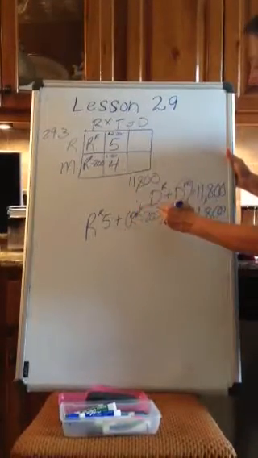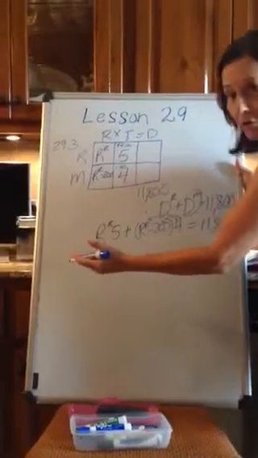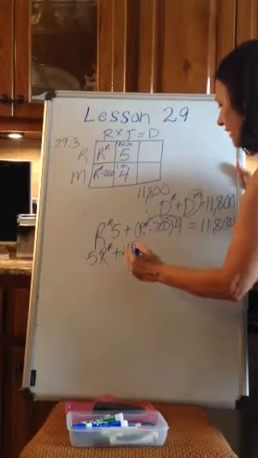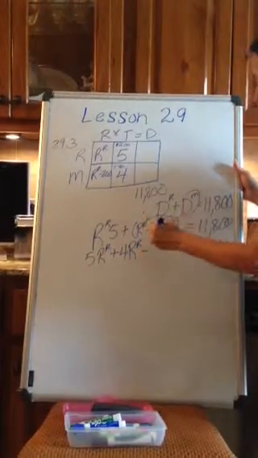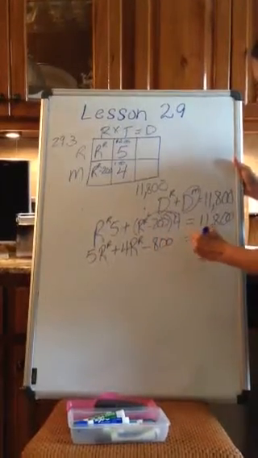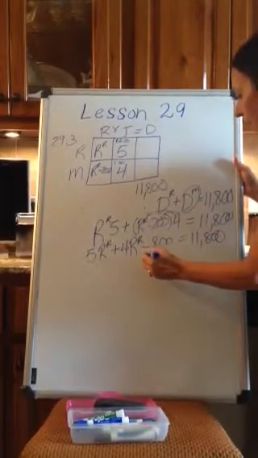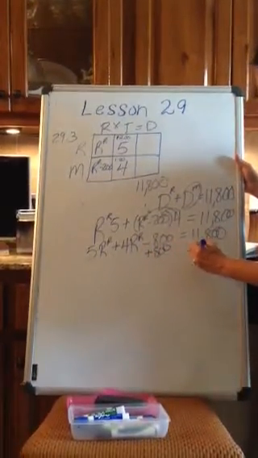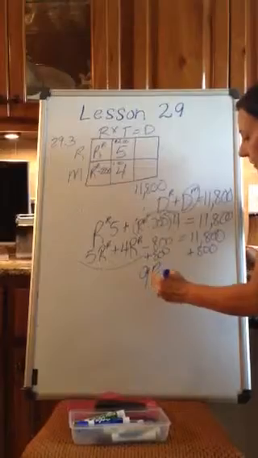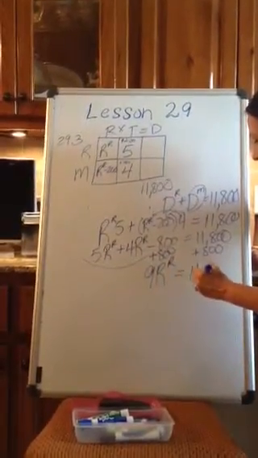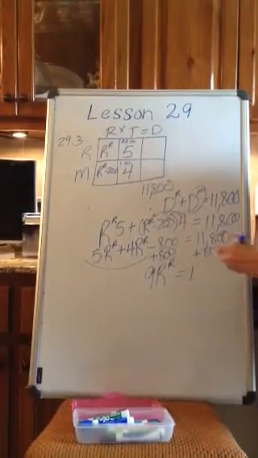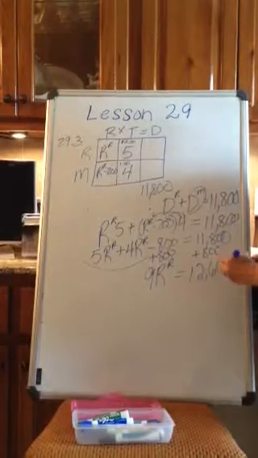I'm going to distribute my 4, and I have 5 times the rate of R plus 4 times the rate of R minus, because that's a negative, 4 times negative 200 is minus 800, equals 11,800. I will add my 800 on both sides and combine my R's. So I have 9 times the rate of R equals 12,600.